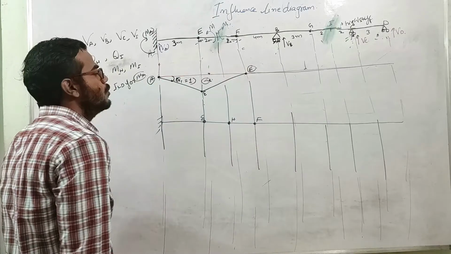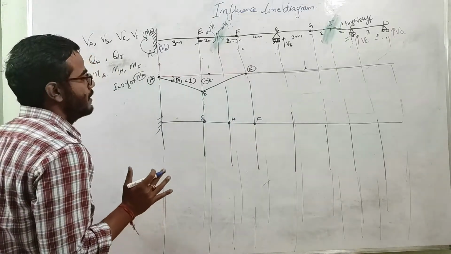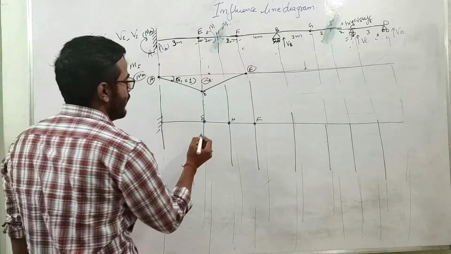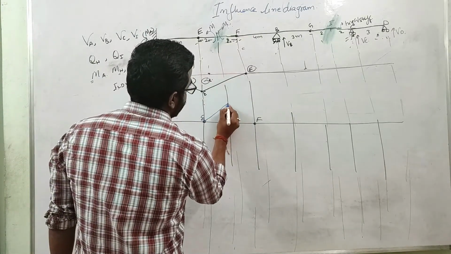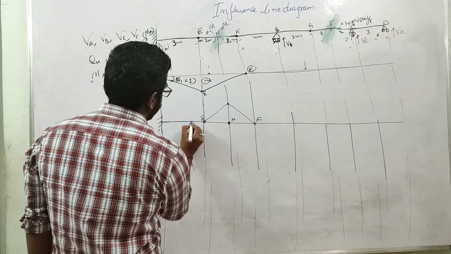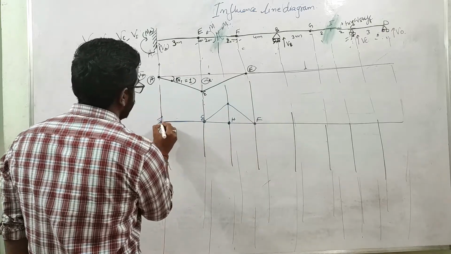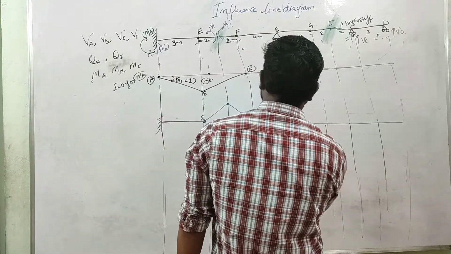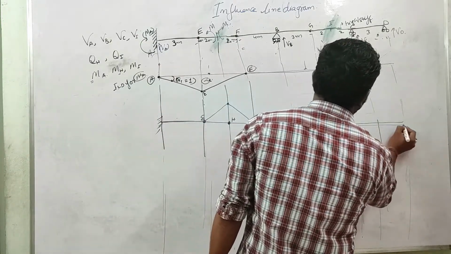So we need to give unit rotation along this moment. This beam will deflect like this, and this portion will remain straight. This is restricted by this support. Again this portion will remain straight, same reason.